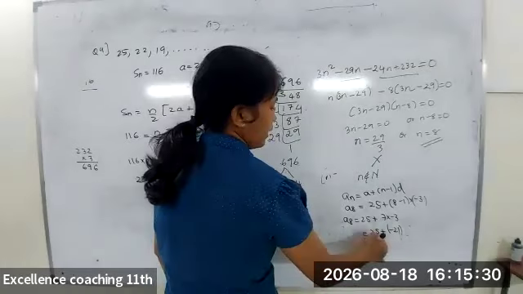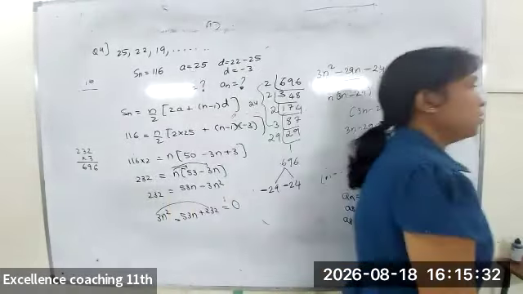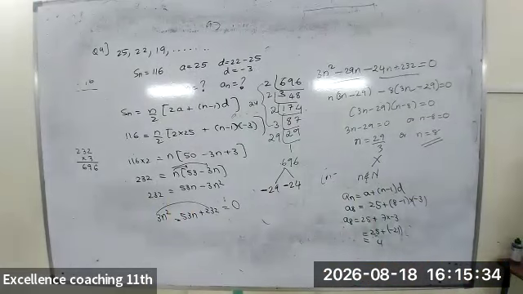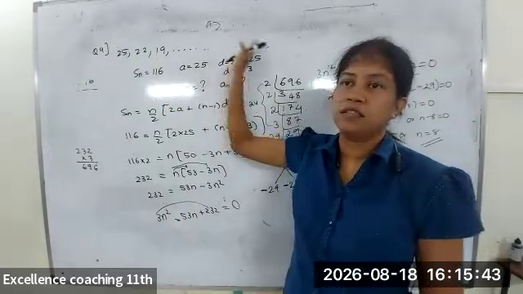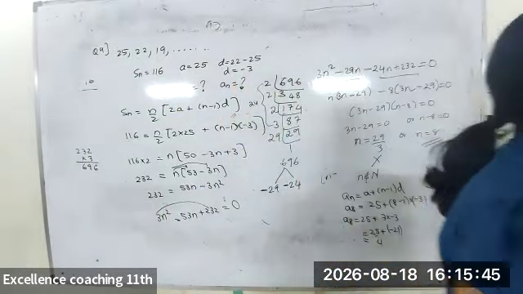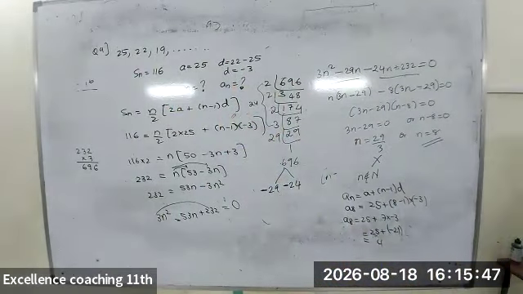Minus 21, so 25, 4 will be the answer, no? So your last term is, if you see it is going on reducing, so the last term will be 4 at the 8th term.